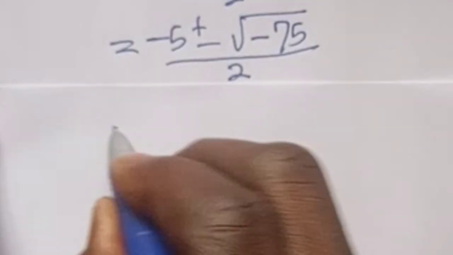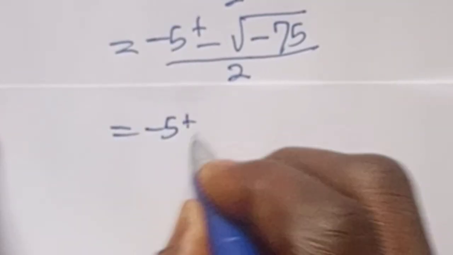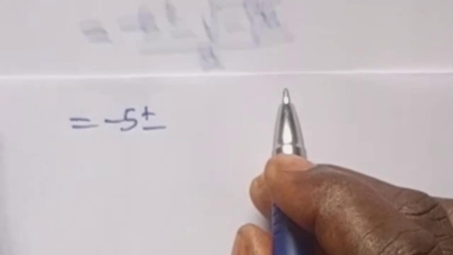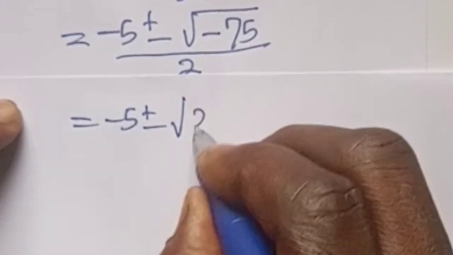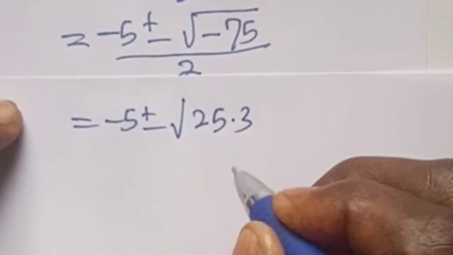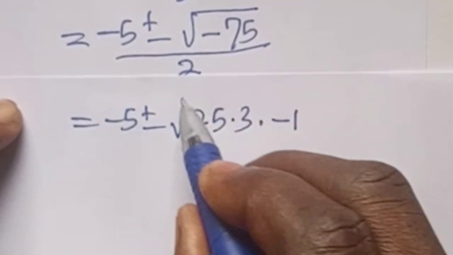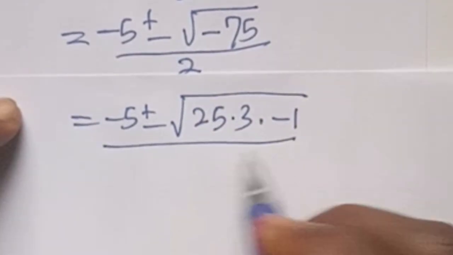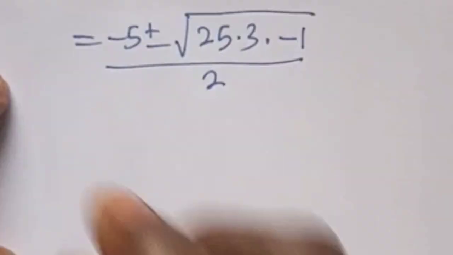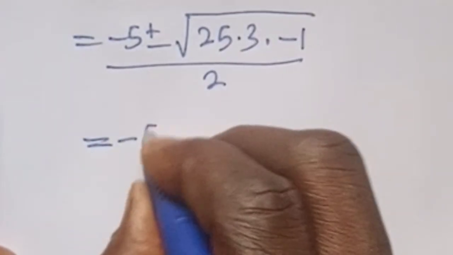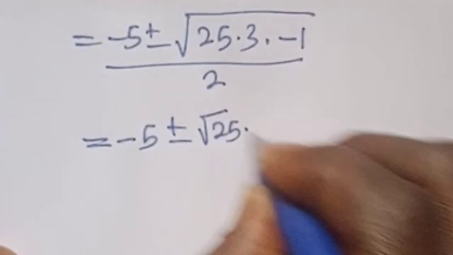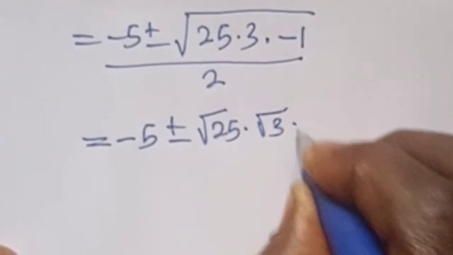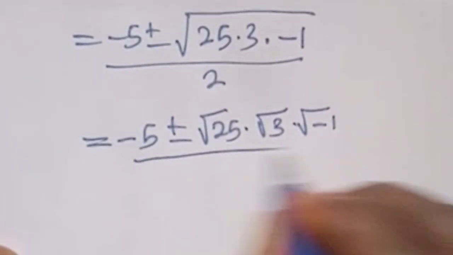But this can be written as minus 5 plus or minus, 75 can be split into 25 times 3 times minus 1, all over 2. And again, we can write as minus 5 plus or minus square root of 25 times square root of 3 times square root of minus 1, all over 2.